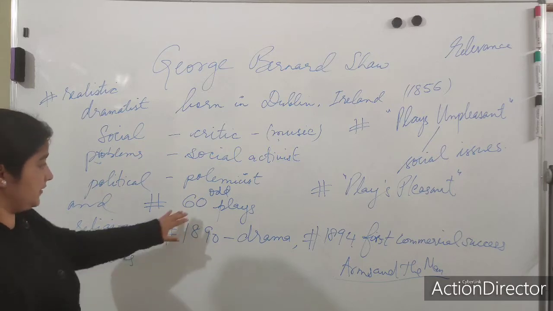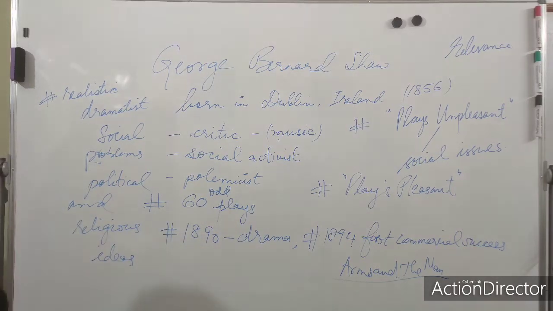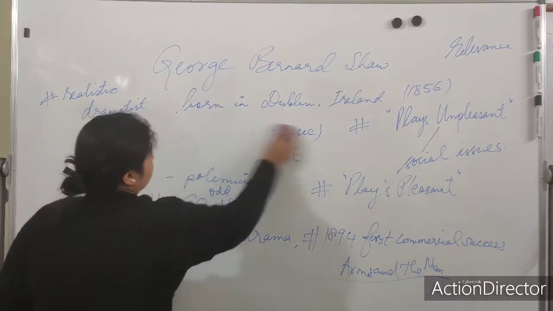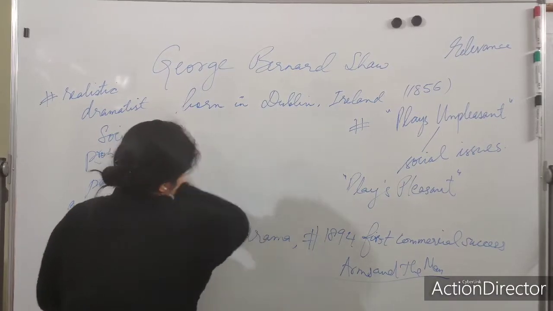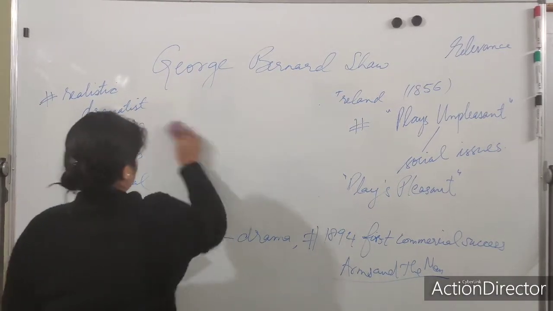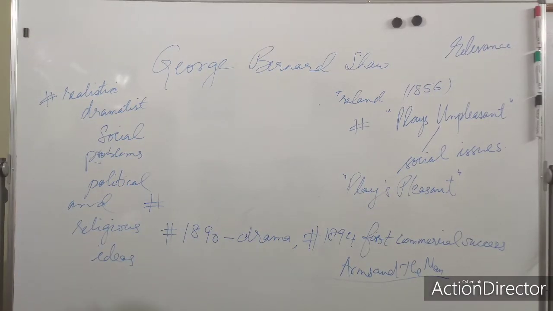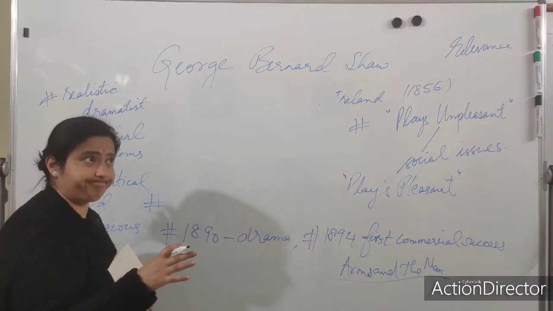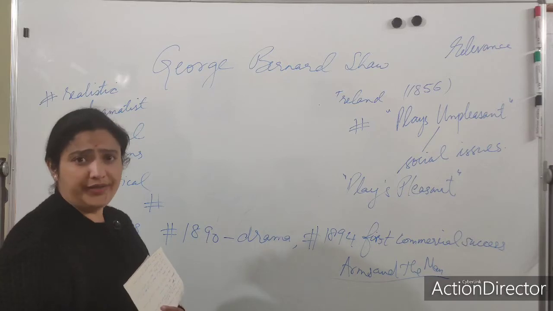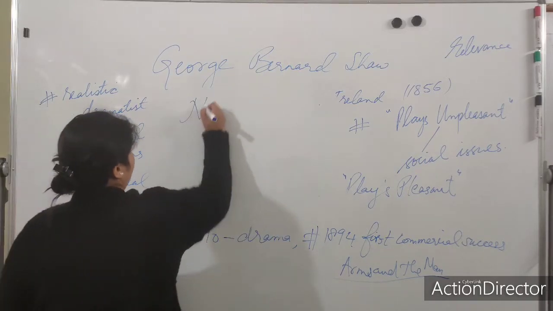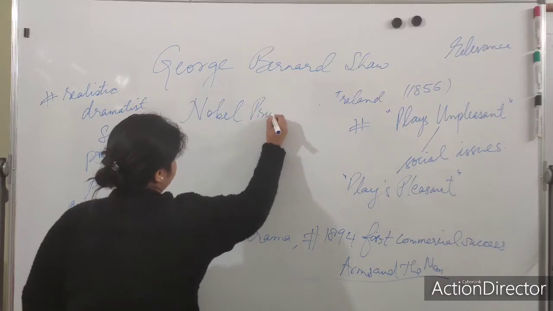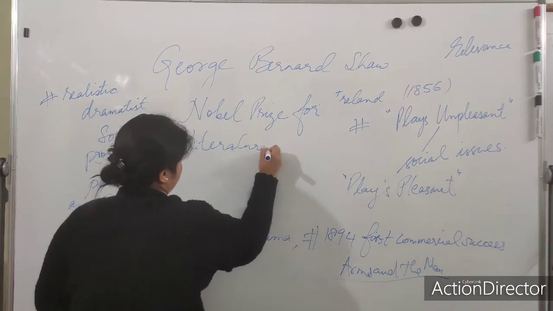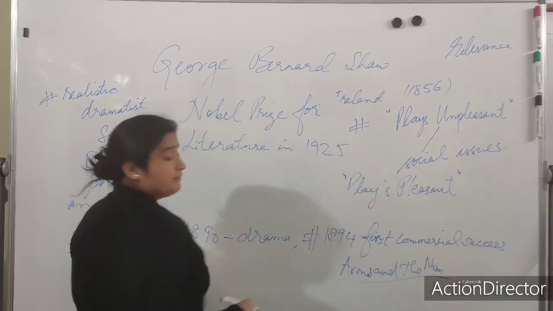And apart from this, what you have to remember is three important things which every student of literature must know. He is the only dramatist, writer to receive the Nobel Prize for Literature in 1925, right?